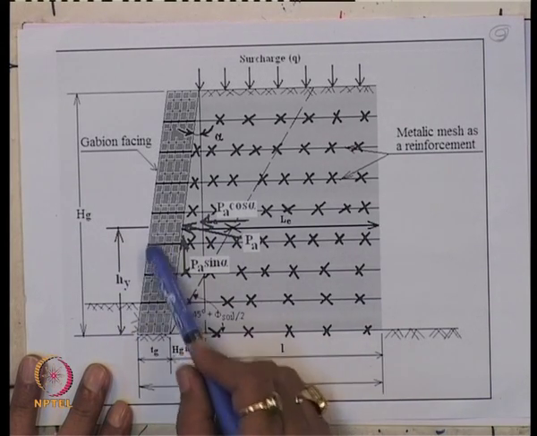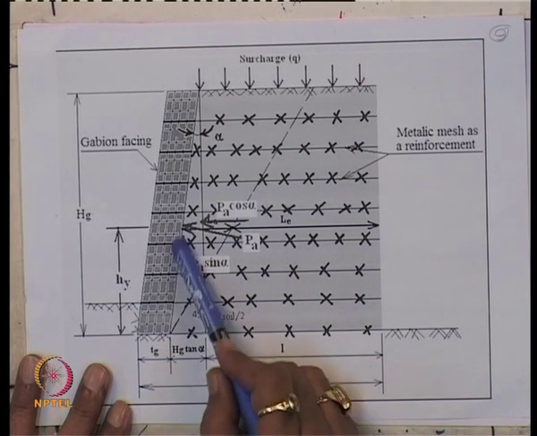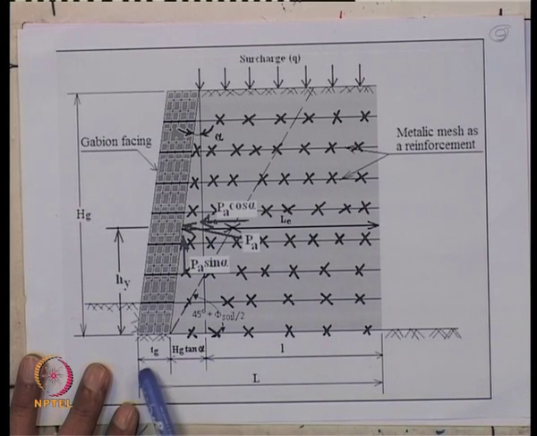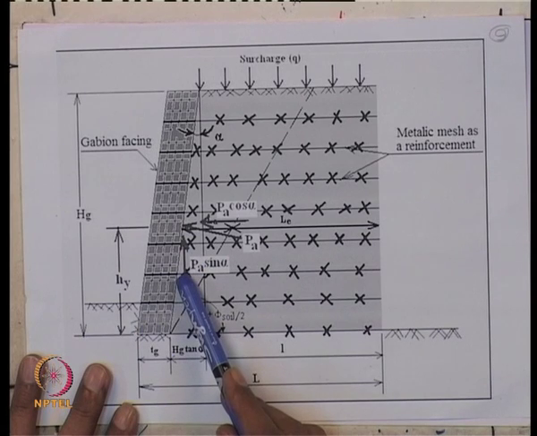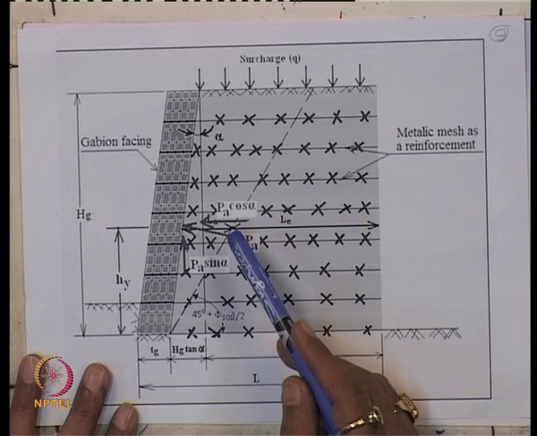So Pa cos alpha into Hy, plus this is the vertical component Pa sin alpha, into Tg plus Hy tan alpha. So this will give the overturning moment.